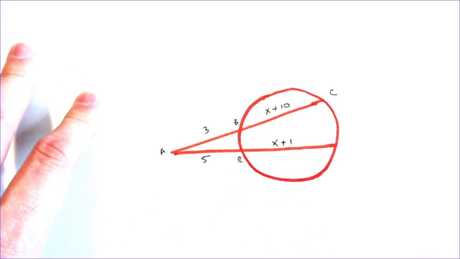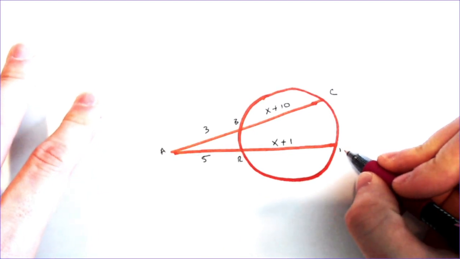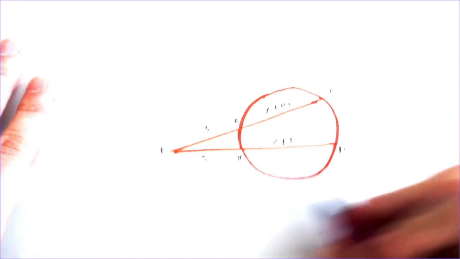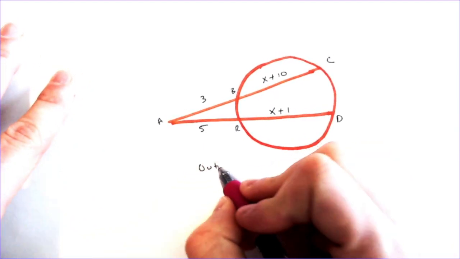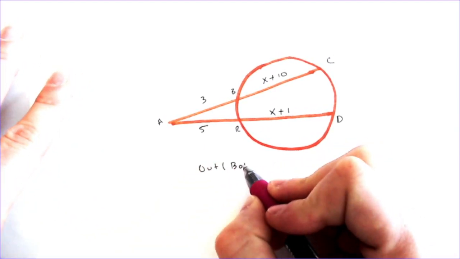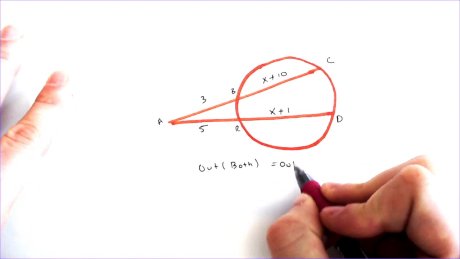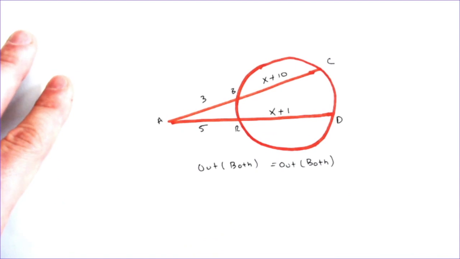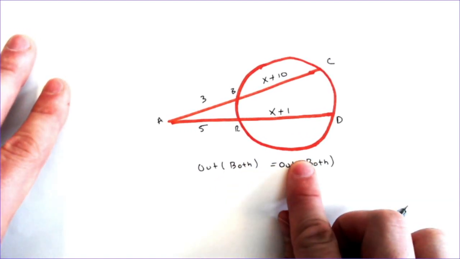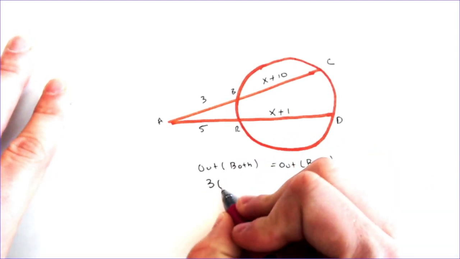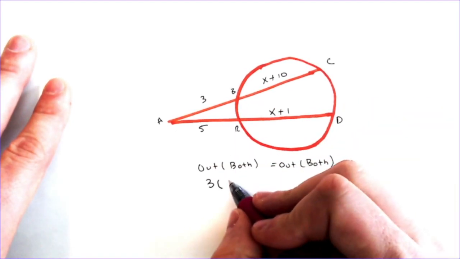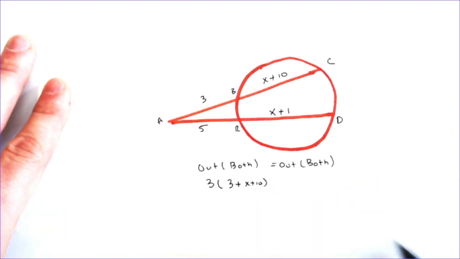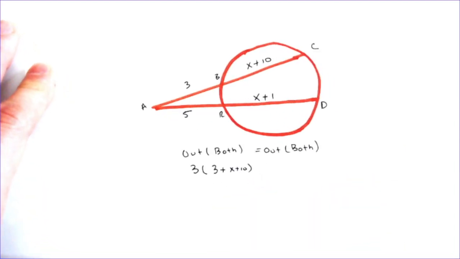So for this problem, we still have to do the outside times both equals the outside times both. I think I said plus the first time. It's times both. So we have 3 on the outside times both of them, which this time is a 3 and an x plus 10.